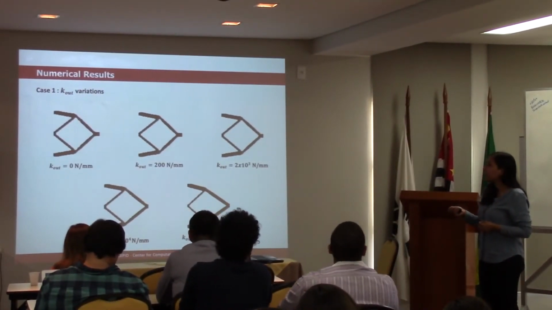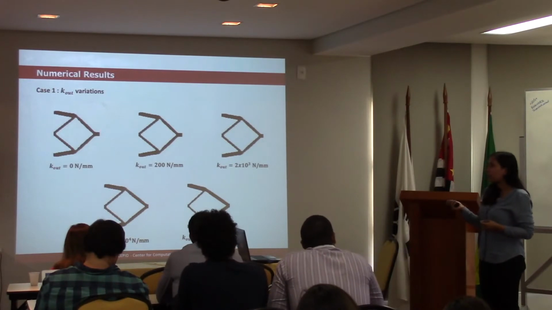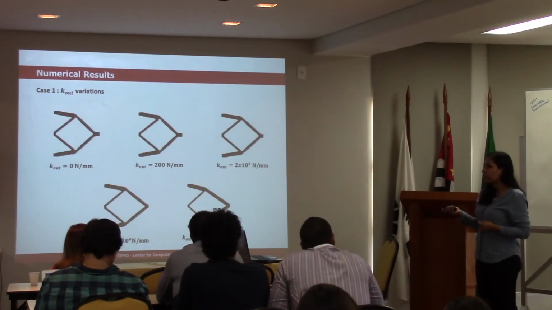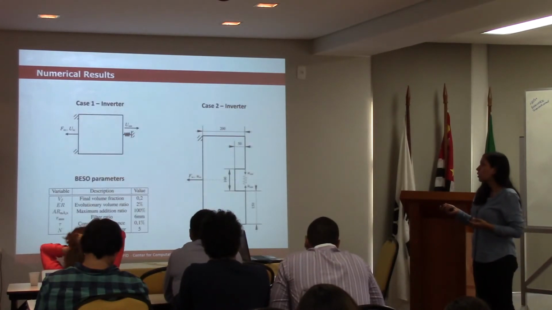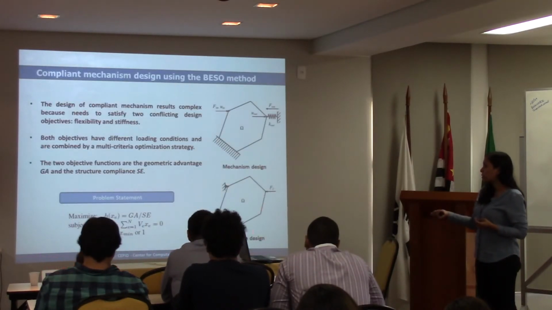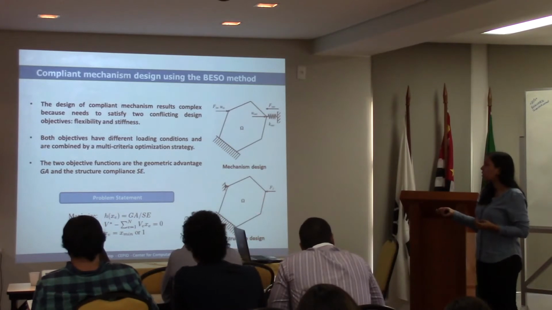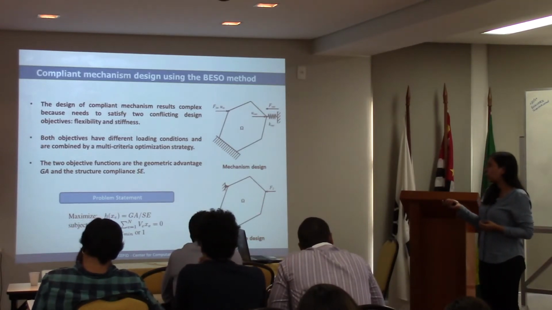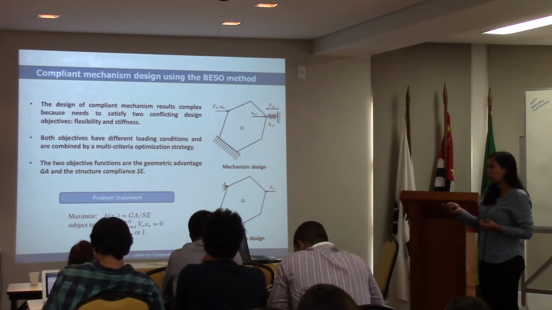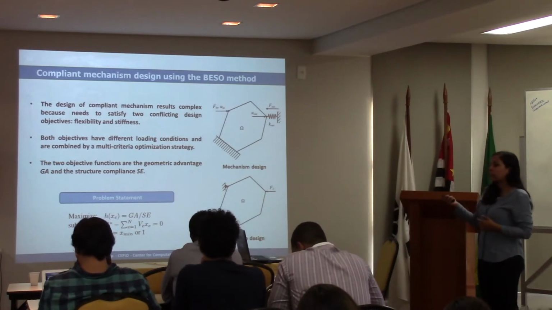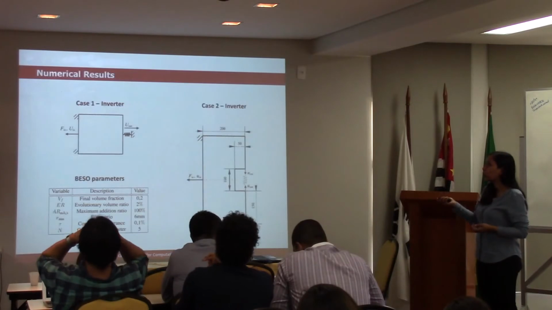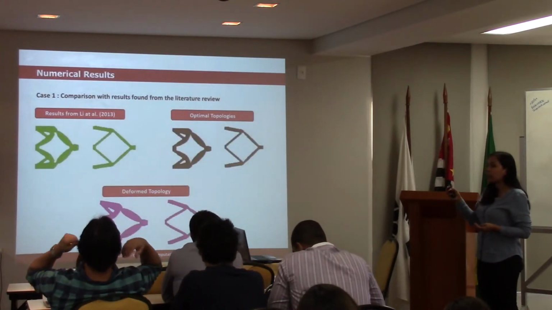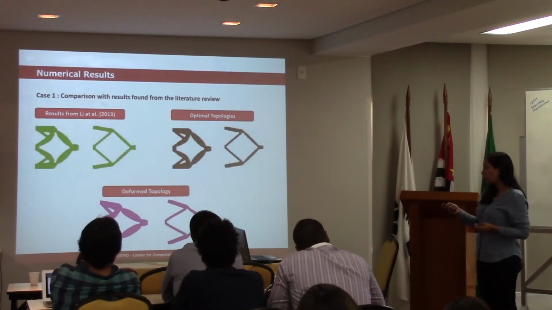But we didn't find that the changes were very significant. I think that's especially because we do include this restriction. If we didn't include it, the influence would be much higher. But if we didn't include it, the optimization would obtain only disconnected topologies.